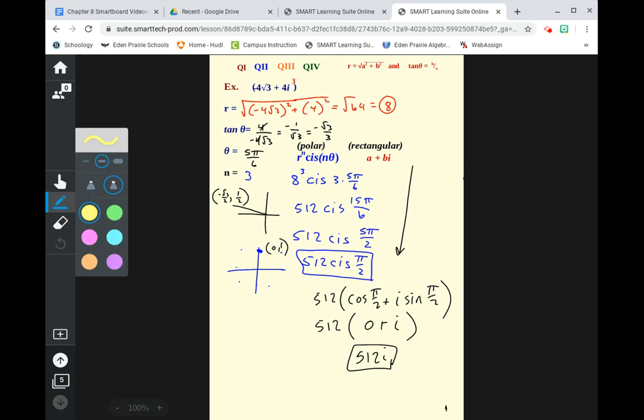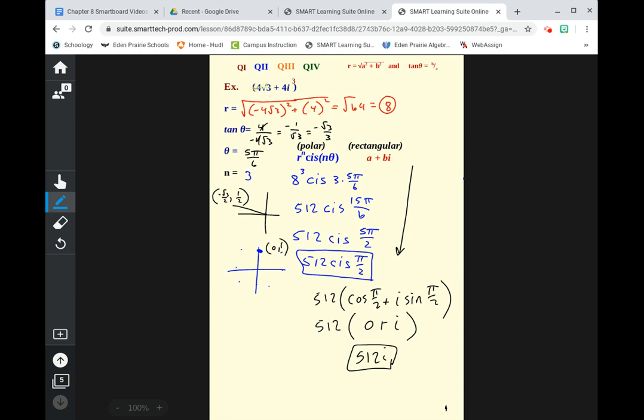Where I said that, okay, I found r. So I took my value here, found r, squared it. To find r, I went ahead and squared the a value. And here's my b value, squared that.